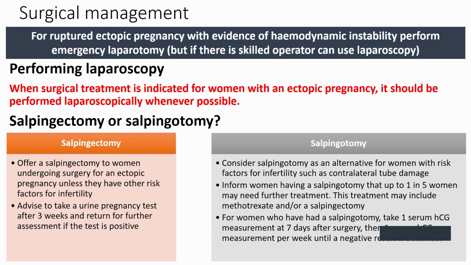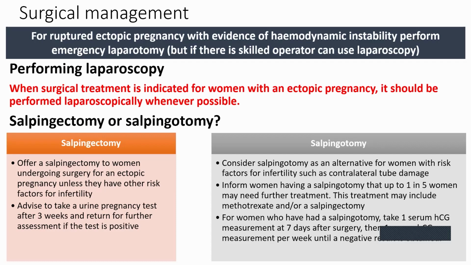In a patient who has an unruptured tubal ectopic and has an indication for surgical management, definitely we have to follow the laparoscopic approach. Whether to do a salpingectomy or a salpingotomy depends on the patient's history. Salpingectomy we offer if the patient doesn't have any features suggestive of tubal damage and doesn't have any history of subfertility.